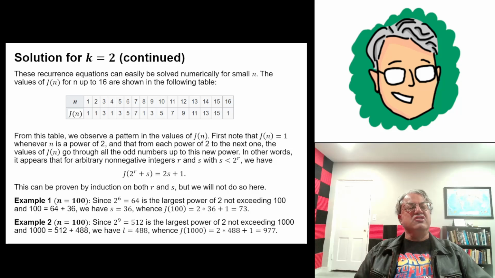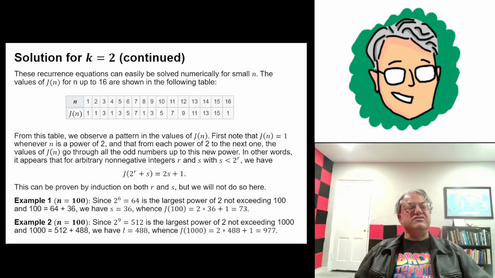Then you take the difference: 100 minus 64 is 36. And you take twice 36 plus 1. That's the Josephus number. So J of 100 is 2 times 36 plus 1, or 73. So you should sit in position 73 if there's 100 prisoners.